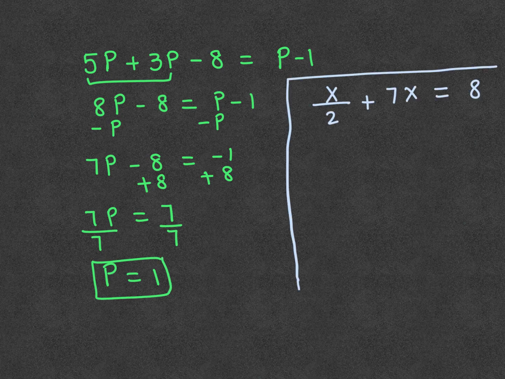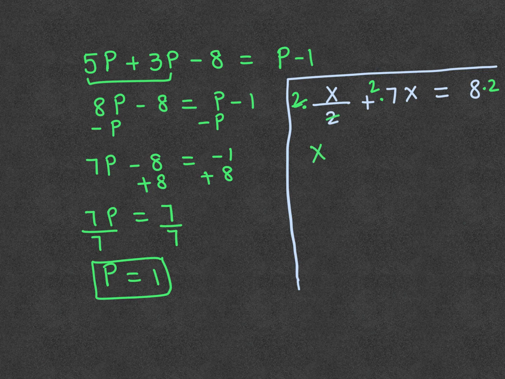Next question is where I have a fraction term here. To remove the 2 from the bottom and bring the fraction term to a level equation, I am multiplying the whole equation by 2 to clear the fraction. So when I multiply this whole equation by 2, this 2 and this 2 cancel each other.